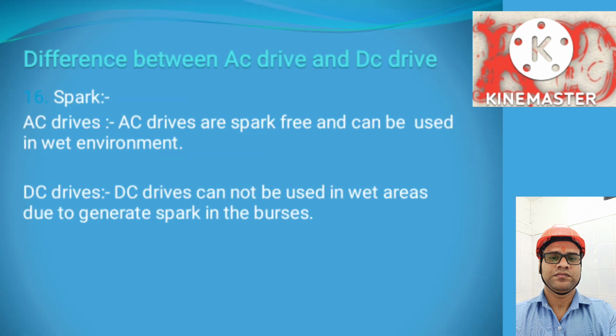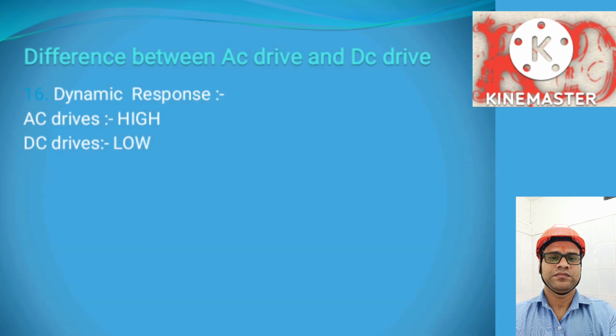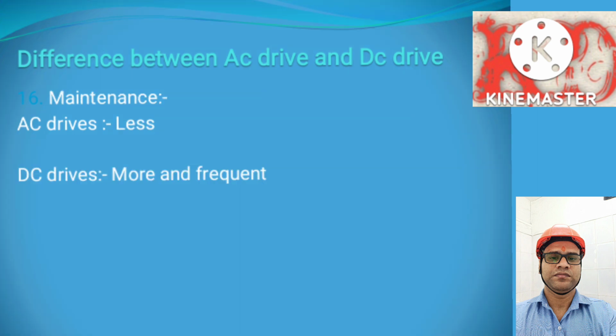AC drives are spark free and can be used in wet environments, whereas DC drives cannot be used in wet areas due to sparks generated at the brushes. Twenty-fourth, dynamic response is high in AC drives and low in DC drives. Twenty-fifth, maintenance. AC drives need less maintenance, whereas DC drives need more and frequent maintenance.